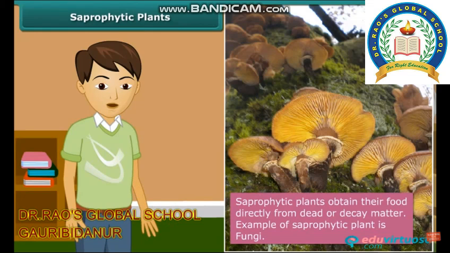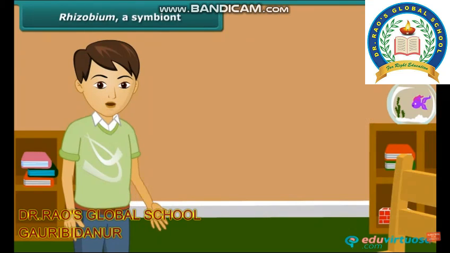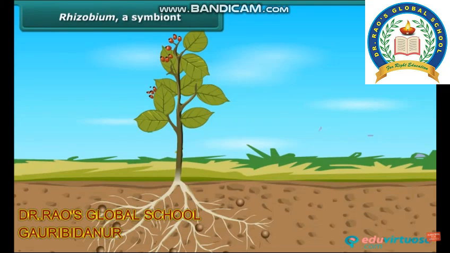And friends, like us, plants also require a lot of nitrogen to make proteins. As you all know, there is 78% of nitrogen present in our atmosphere, but plants cannot use it directly the way they can use carbon dioxide. They require nitrogen in soluble form.